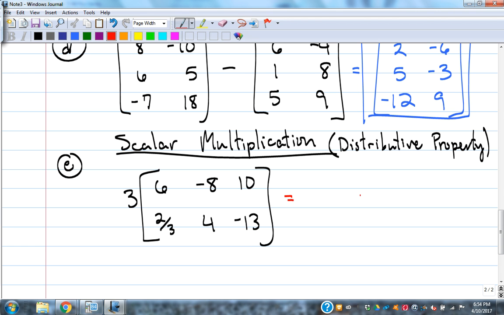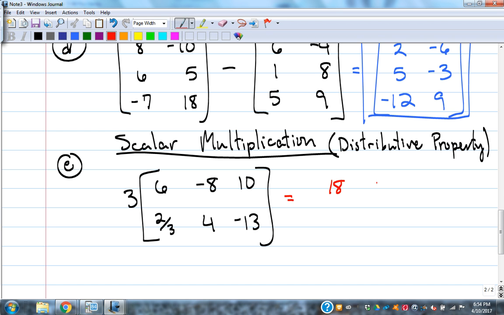It's like distributive property. So I'm distributing a 3 to every element of that matrix. So 3 times 6, 3 times -8, 3 times 10, 3 times 2/3, 3 times 4, 3 times -13. Everybody gets multiplied by that number that's in front.